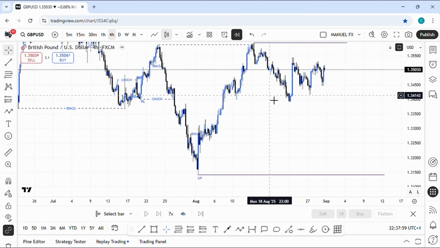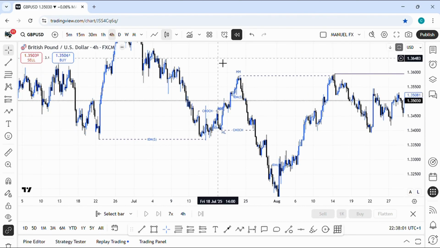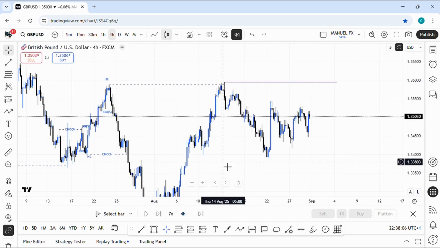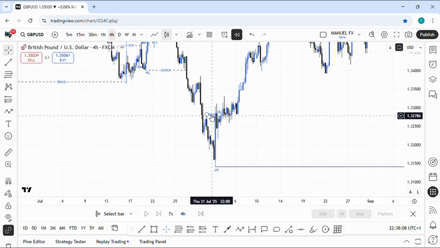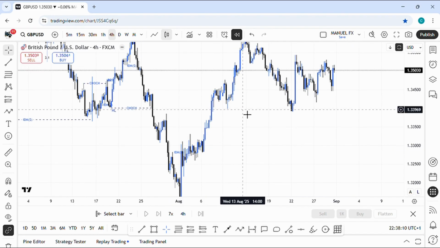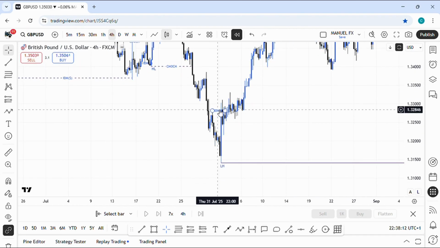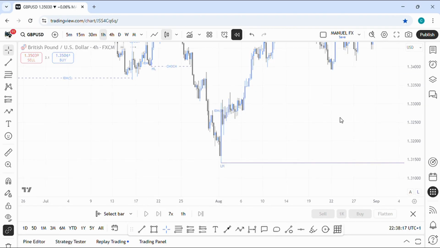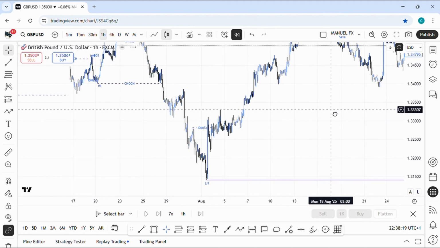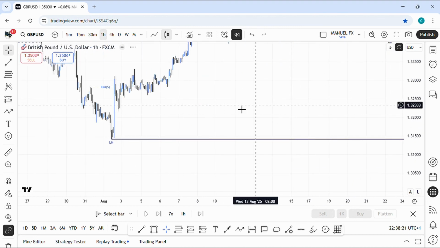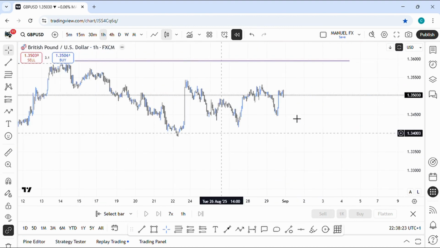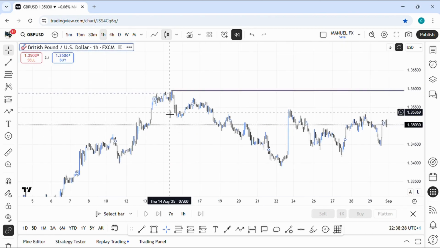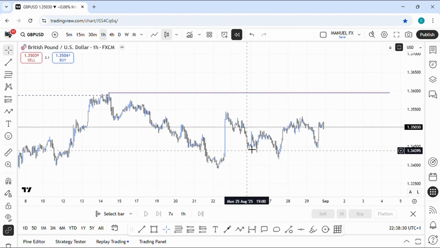So if you want to move down to the 1-hour time frame, 30 minutes, 15 minutes, 5 minutes time frame, you can just keep doing the same thing. From this point on the 4-hour time frame, it is an inducement, but once you move down to the 1-hour time frame, it becomes a change of character. You see, the 1-hour time frame was actually bullish here, and then from here became bearish.